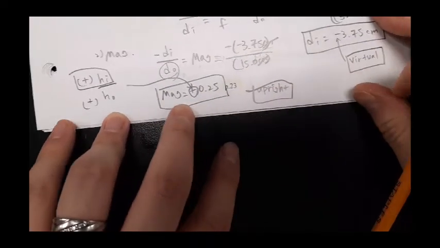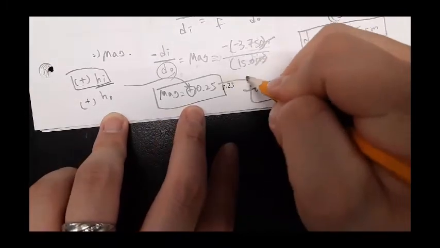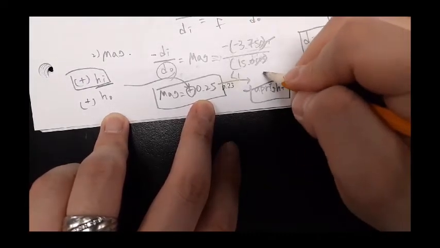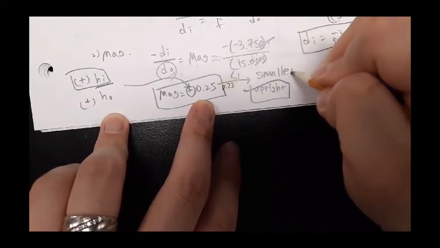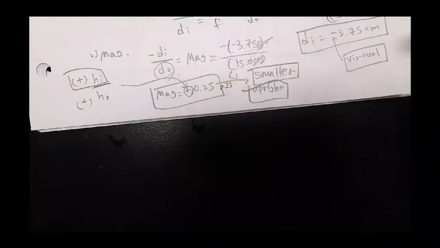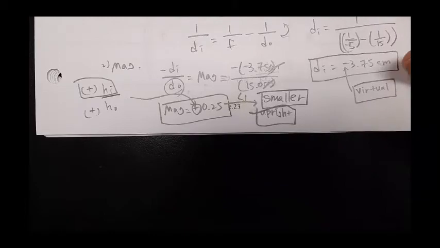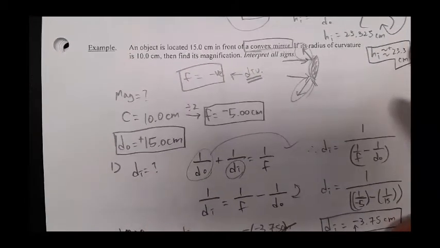I can have that conclusion. And in fact, the value is smaller than 1. It's 0.25, which is equivalent of 1 over 4. It is definitely a smaller image. You can conclude that it is 1/4 of the actual height of the object through this convex mirror.